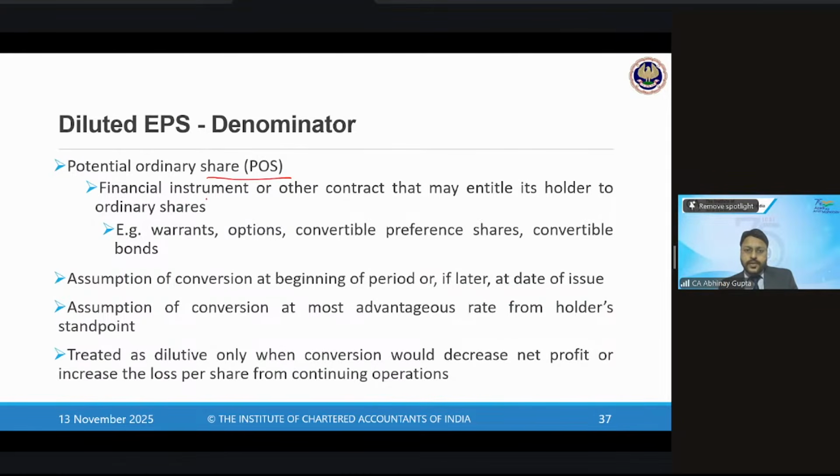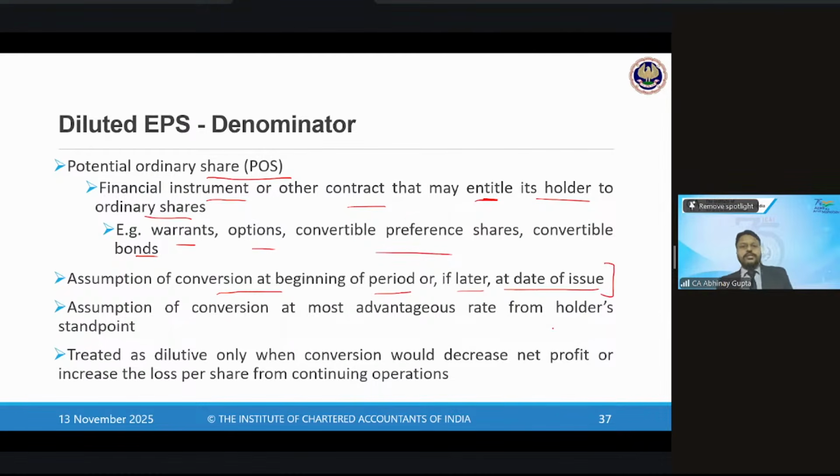So financial instruments or other contracts that may entitle its holders to ordinary shares, for example, warrants, options, convertible preference shares, convertible bonds, convertible debentures, or any other instrument by whatever name called, having the effect to affect the denominator. Assumption of the conversion is at the beginning of the period, or if later, at the date of the issue, right?